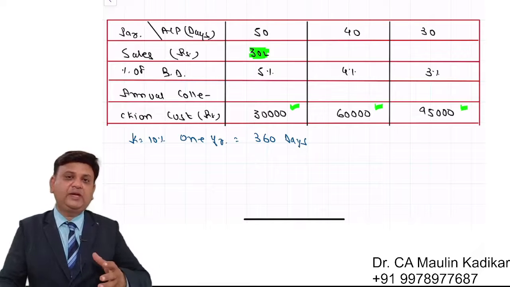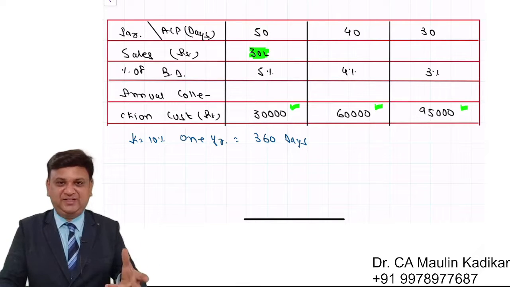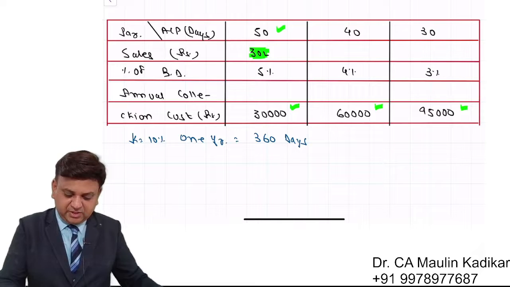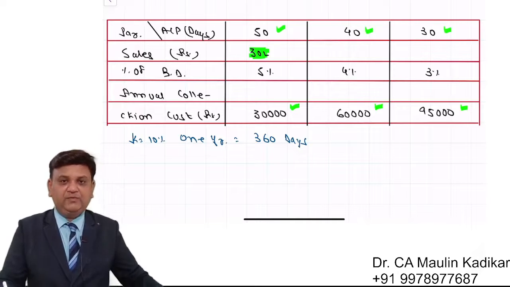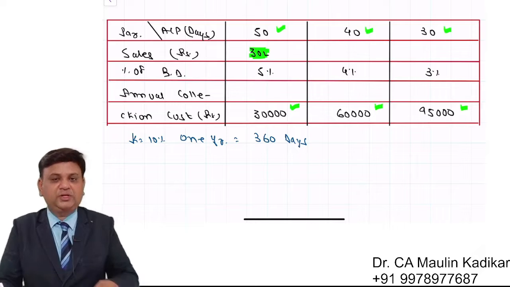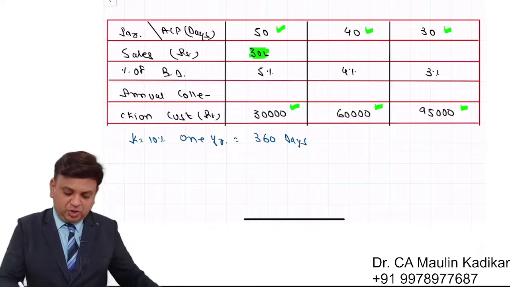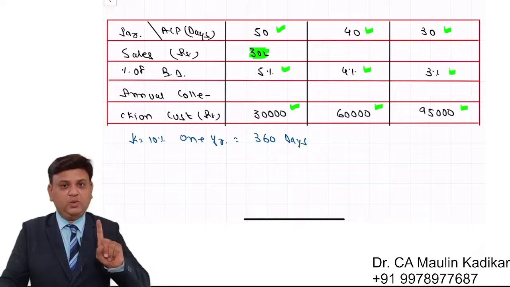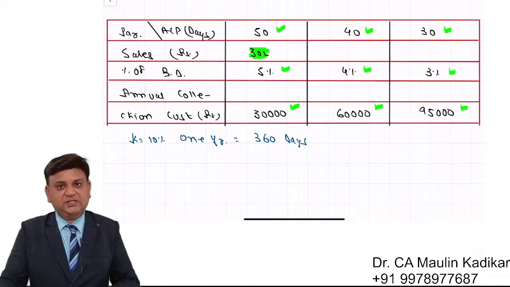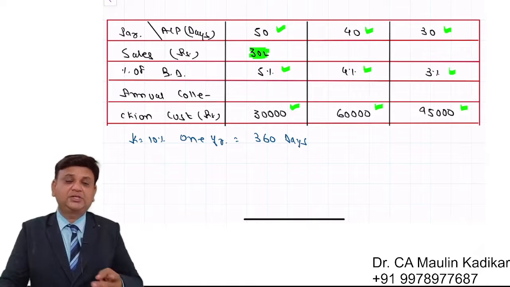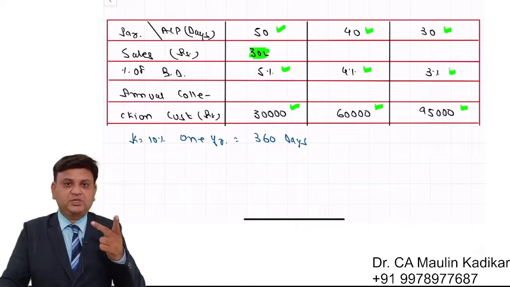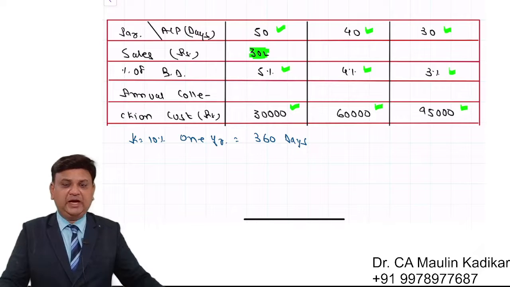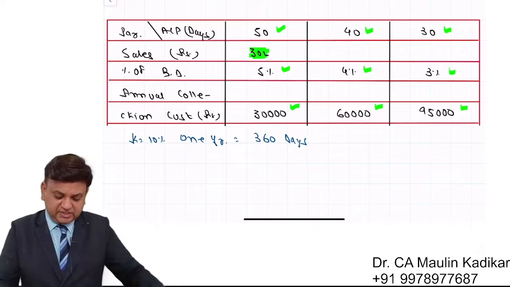We will be able to get the collection faster, so average collection period reduces. We will be able to have control over the bad debts, so the loss on account of bad debts will reduce. These are the two advantages you are going to get: one, the reduction in the collection period, and second, reduction in the bad debts. These are the two advantages you will have when you increase the collection cost.